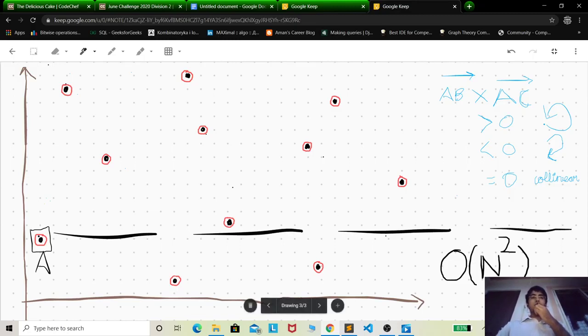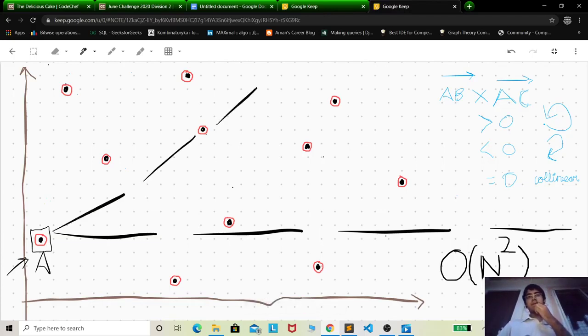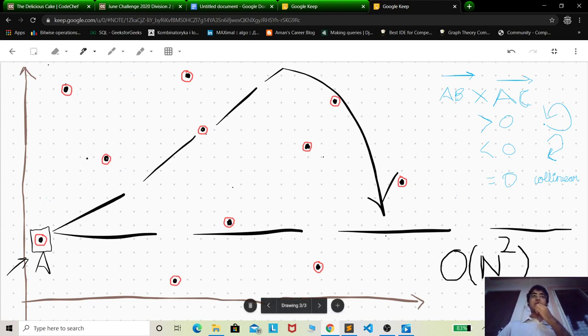Cool. Suppose there's a torch of light over here, and I send rays of light to the upper quadrant, up to over here. What it means is I can see all the points lying in this region, and all the points lying in this region are not visible to me, right?